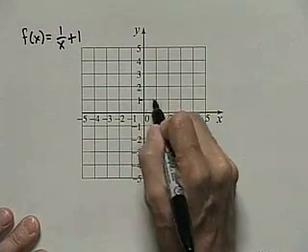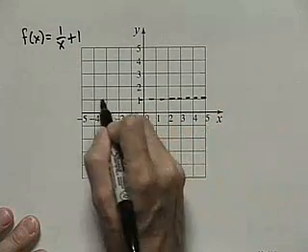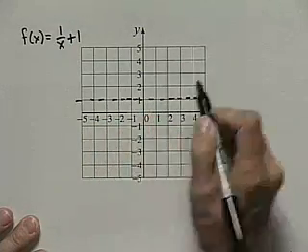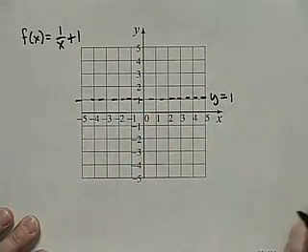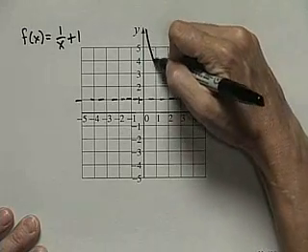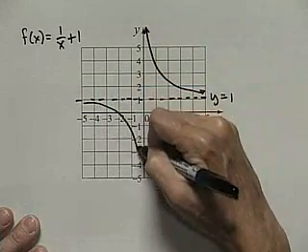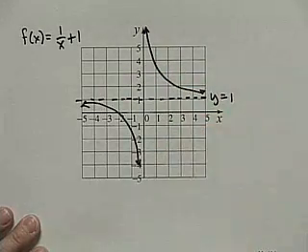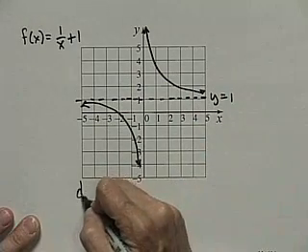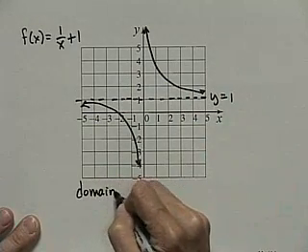The horizontal asymptote is the line y equal 1. The graph is similar to the graph of 1 over x, and so roughly looks like that. Let's write down the domain of this function.